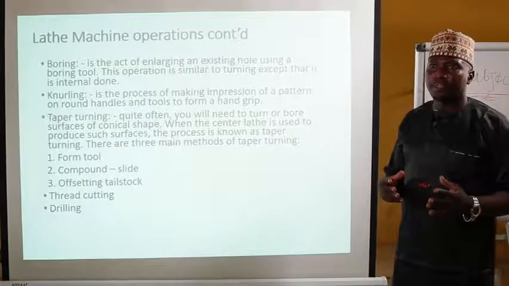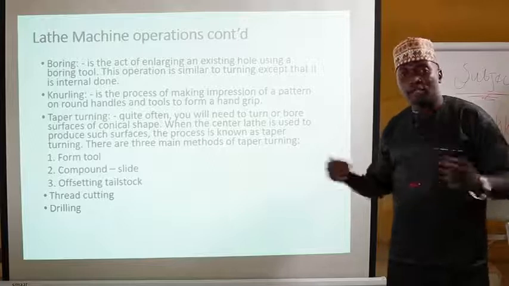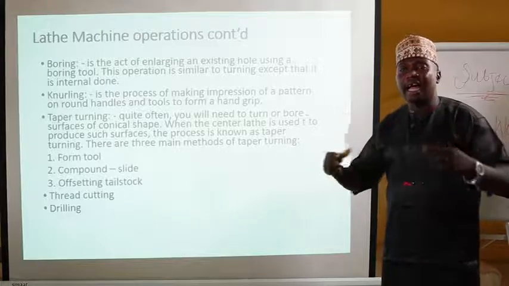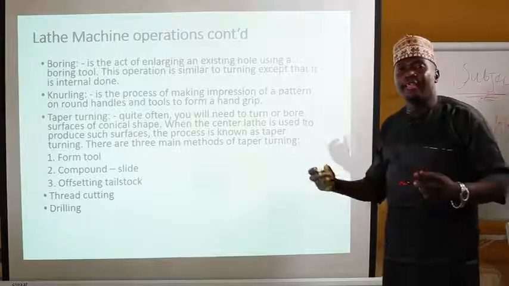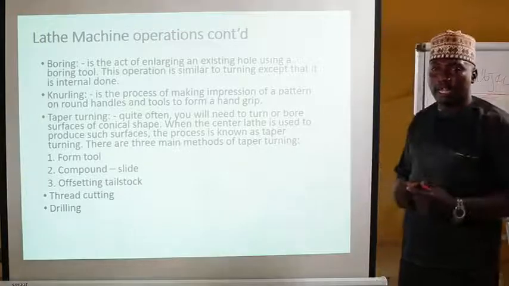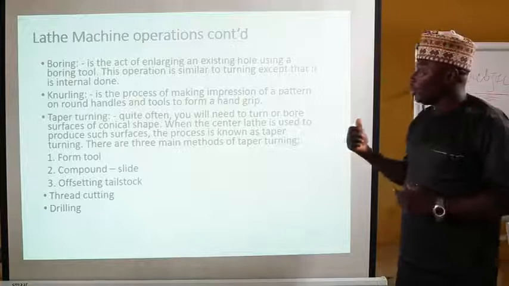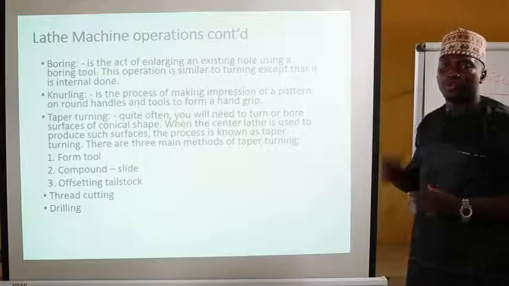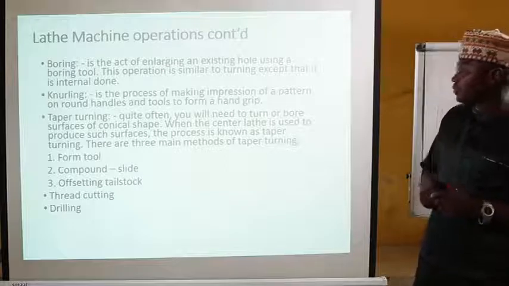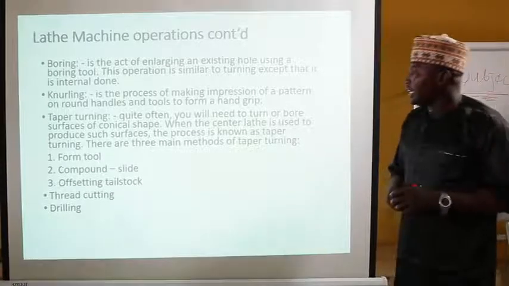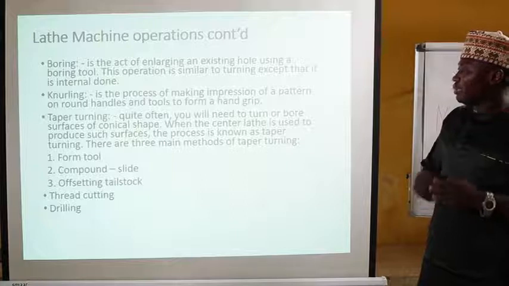Not like parallel turning, where all the diameters are the same. In a conical shape, one end's diameter is greater than the other end. Sometimes you need to carry out such operations on the lathe machine to produce such surfaces. This process is known as taper turning.